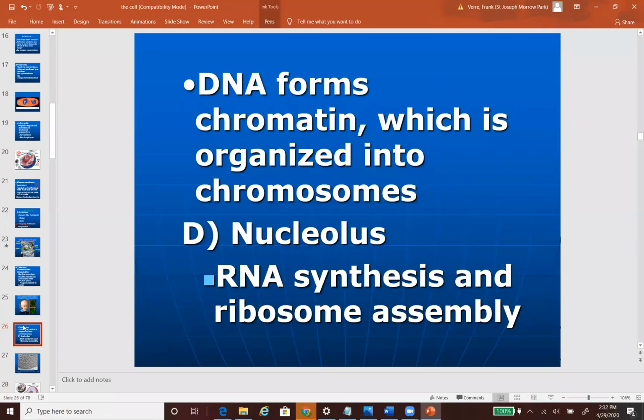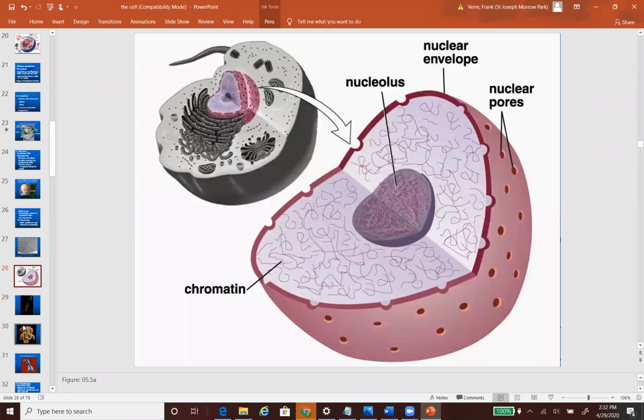Okay, so let's talk about your DNA. I should mention one more thing, going back to the nucleus. So this is the nucleus. You can see it's highlighted here. There's the nuclear membrane, also called the nuclear envelope. All right, some of these things have multiple names. You can see that there's these little spaghetti-like structures. That's actually your DNA.